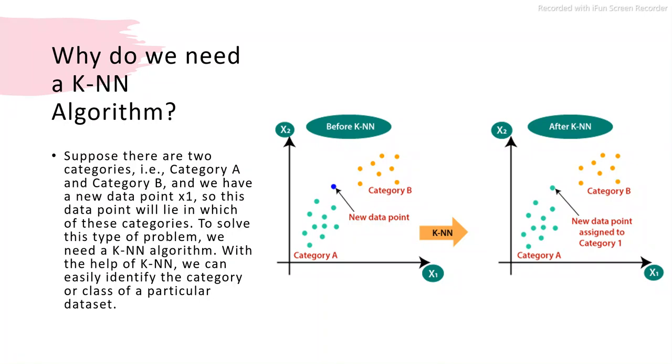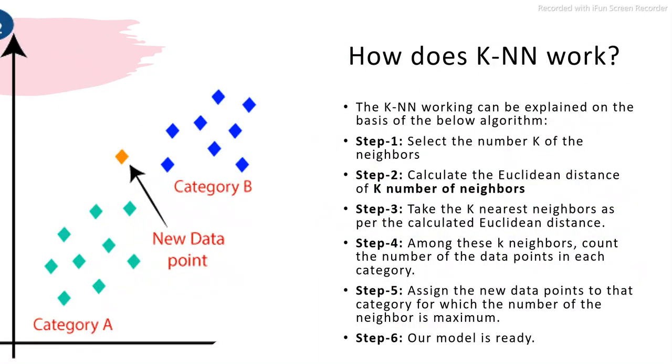Based on the distance between this new data point and the category, if this data point is nearer to this category, then we can classify that it belongs to this class, or if it is nearer to the other category, then you can decide that it belongs to that class. That is the way we decide which category it belongs to, okay.